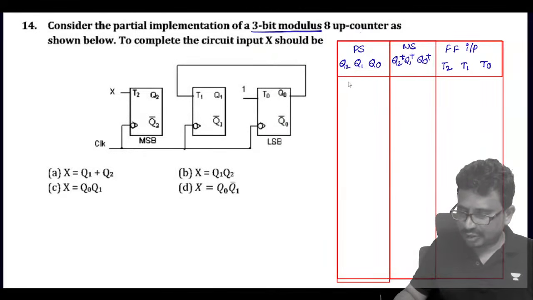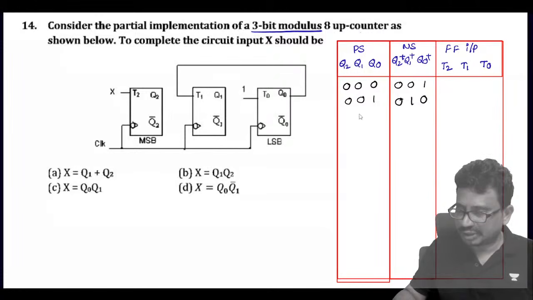Okay, you can see up counter now. So initially 0, 0, 0. If I say next state is 0, 0, 1. 0, 0, 1 is a present state. 0, 1, 0 is a next state.